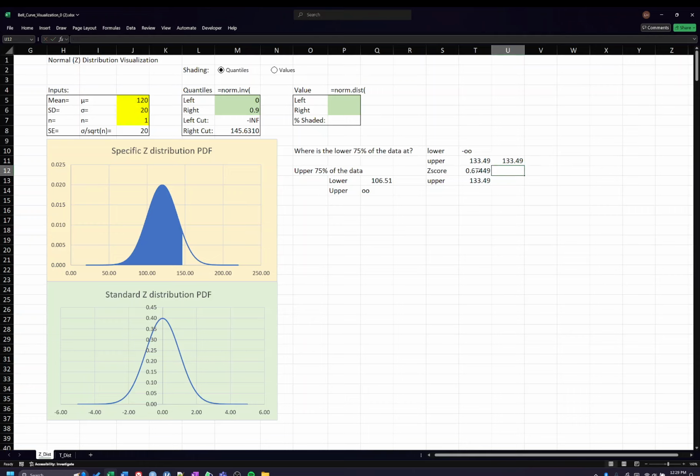So we could get the z-score and we can do our scenario for what the lower 75% of the data is. If we want to find between 2 points in doing this, we'll have to find the area between one and then the area on the other side, and then we can get the cutoffs for the specific ranges.